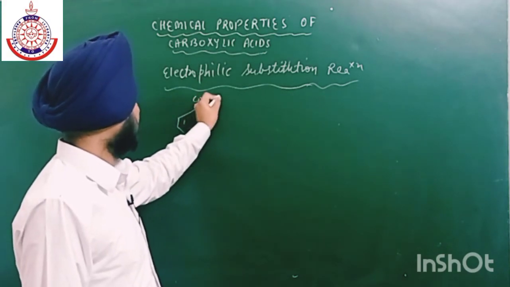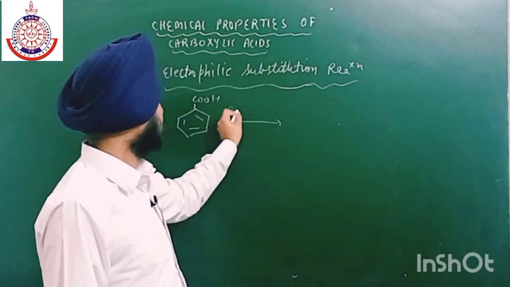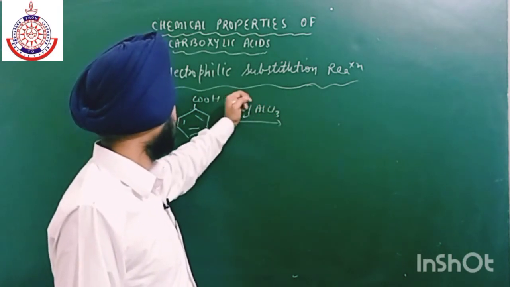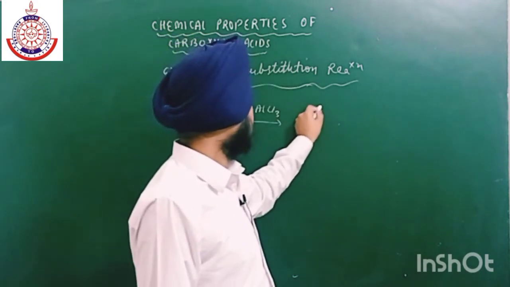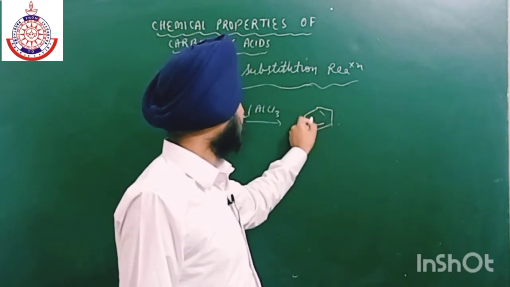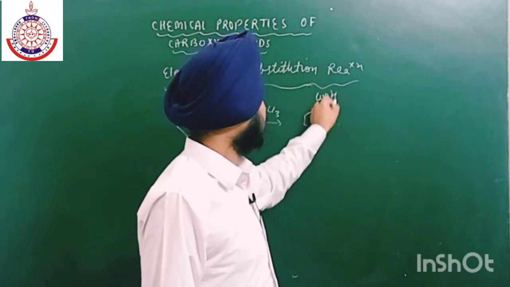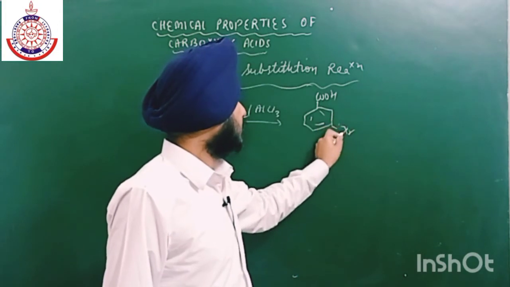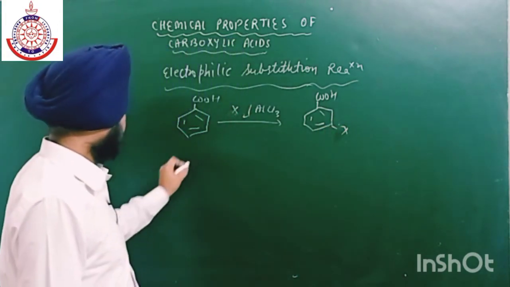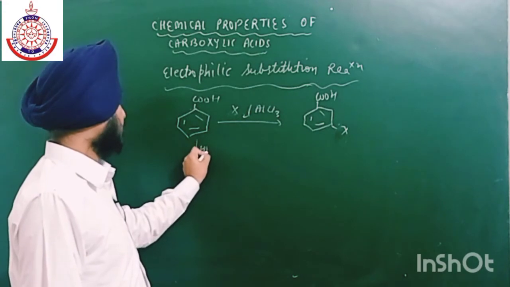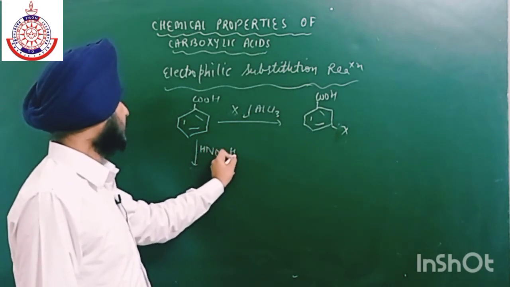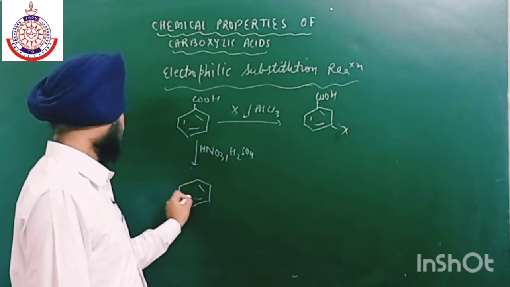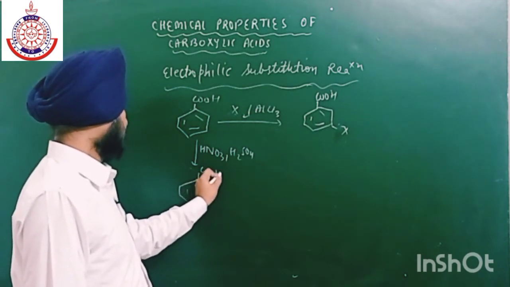So if we do the bromination, with AlCl3, or simply if we do the halogenation, then the incoming electrophile will be attached on the meta position, at this position. We are taking X. Similarly, if we do nitration, HNO3 and concentrated H2SO4, then nitration will also take place at meta position.